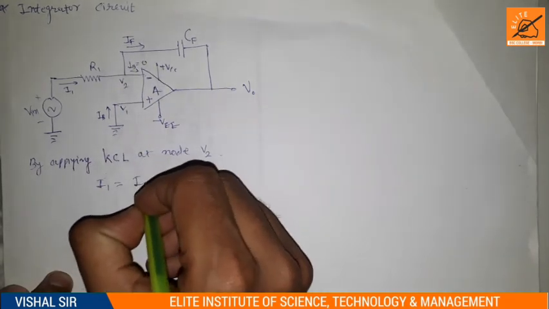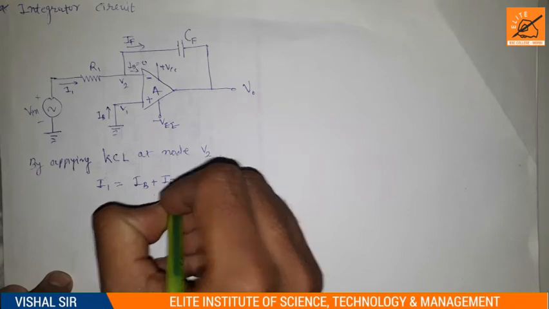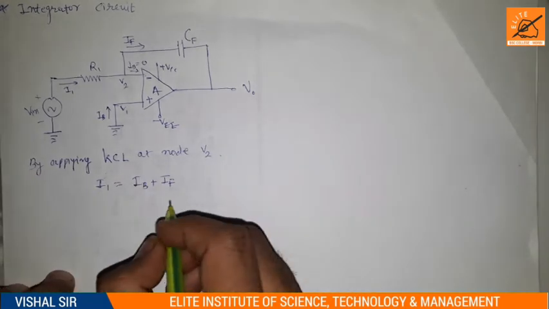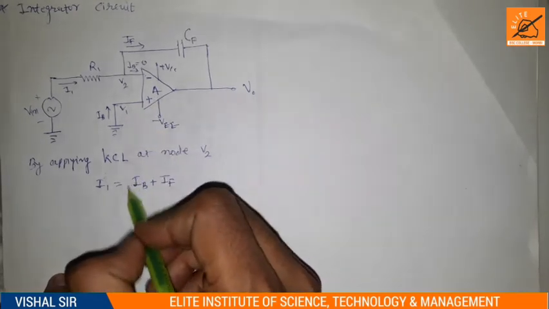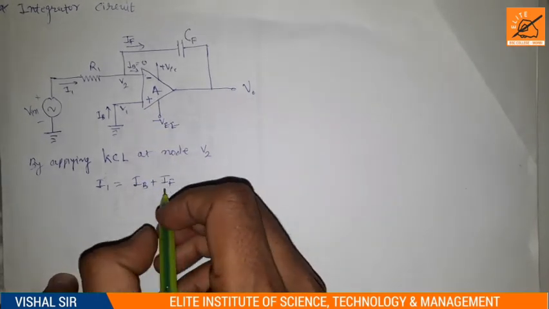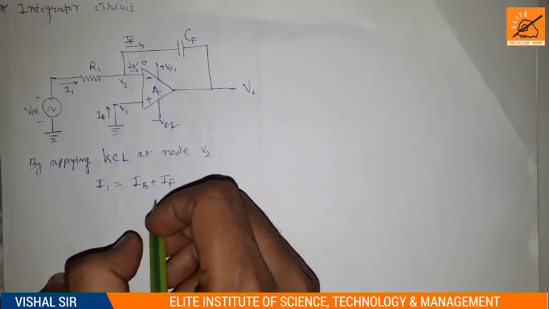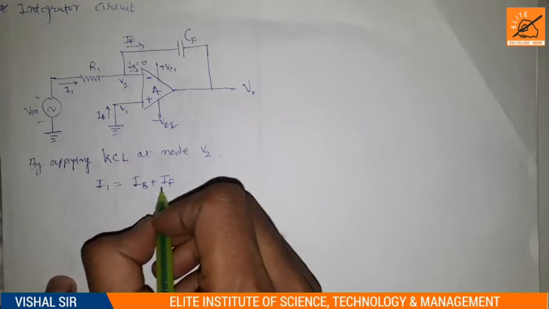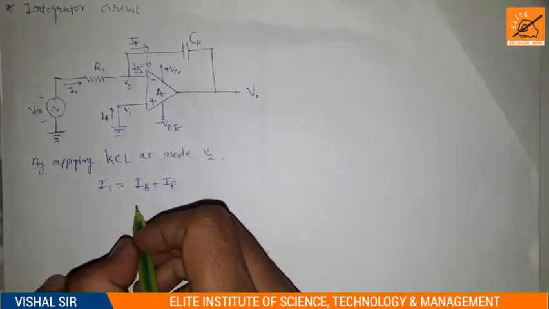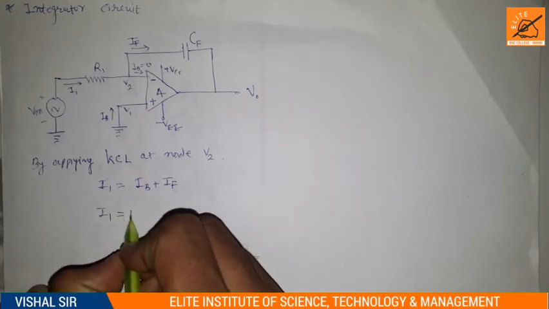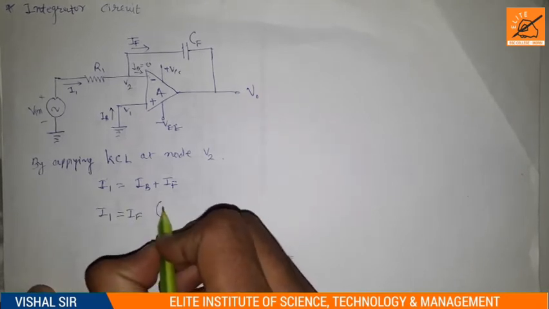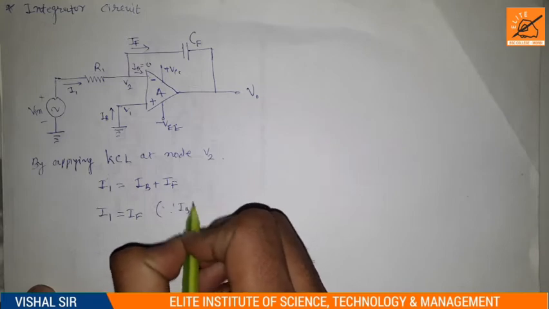It is an algebraic sum. Now we know that the input bias current is very small, and it is negligible as compared to IF. So we can write I1 is equal to IF because IB is negligible.